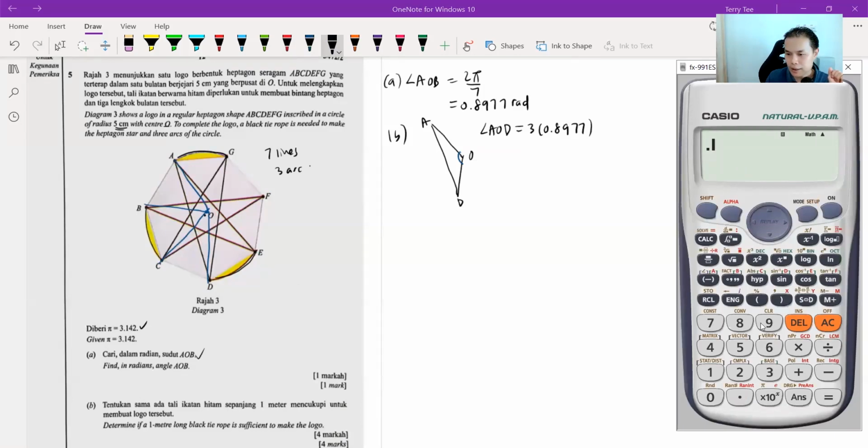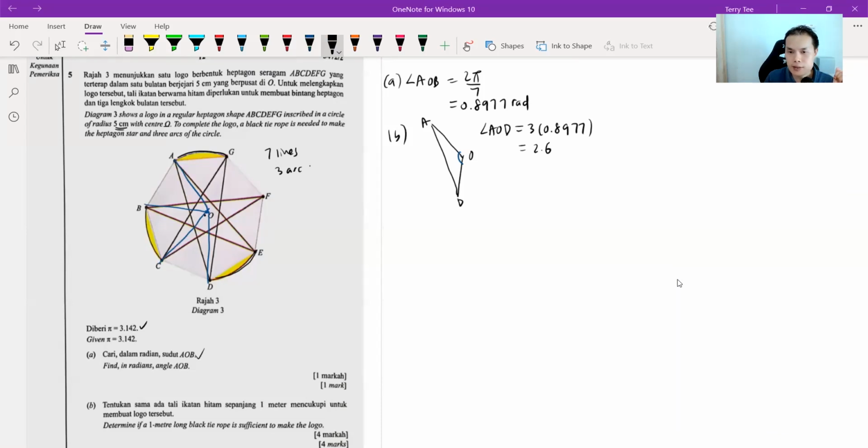This number times 3, I got 2.6931 radian. Actually, these two are equal length. We know this is a circle with radius of 5 cm.